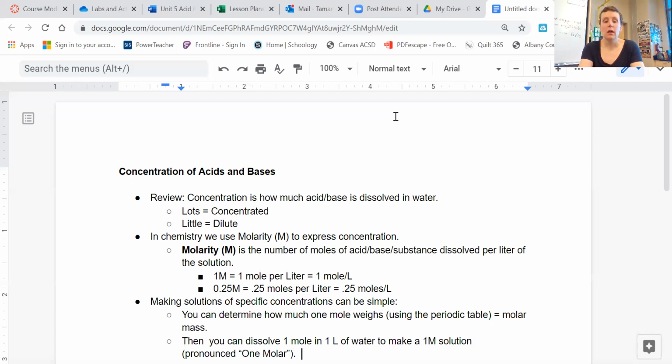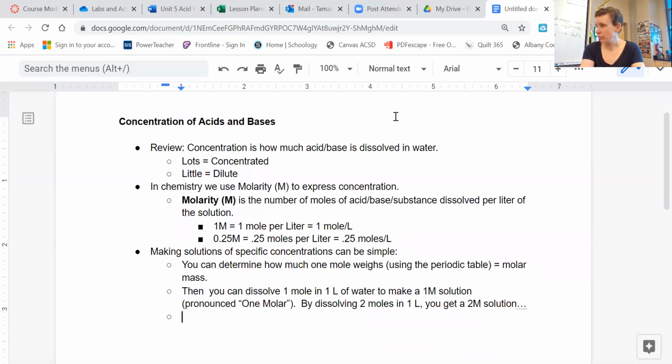By dissolving 2 moles in 1 liter, you get a 2 molar solution. And it goes on and on like that. The higher the molarity, the more concentrated a solution is.